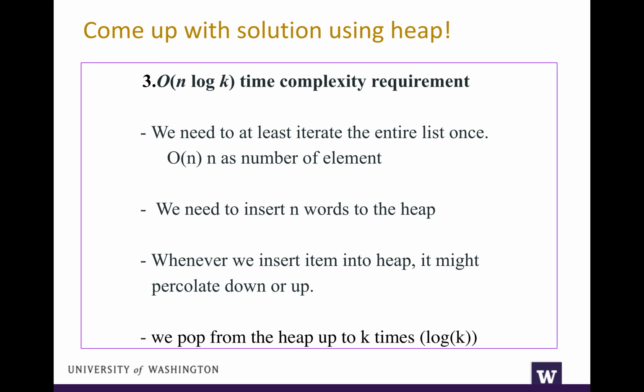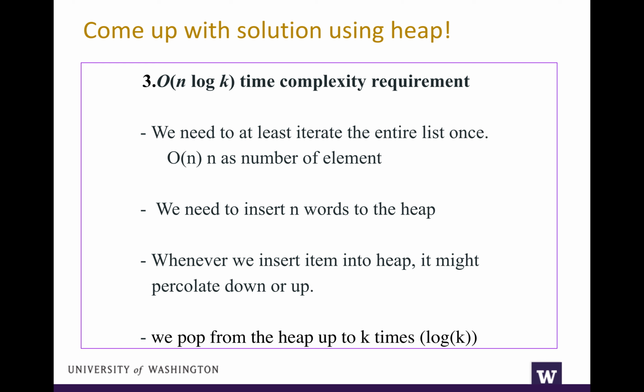So you can think about, oh yeah, it's something to do with size, right? But with that in mind, I'm just going to quickly go over the runtime and space complexity, as we know that we are going to use heap. So first, we need to at least iterate the list once. So there'll be O(n), where n is the number of elements. But here, the difference is whenever we insert an item into the heap, it might percolate down or up.